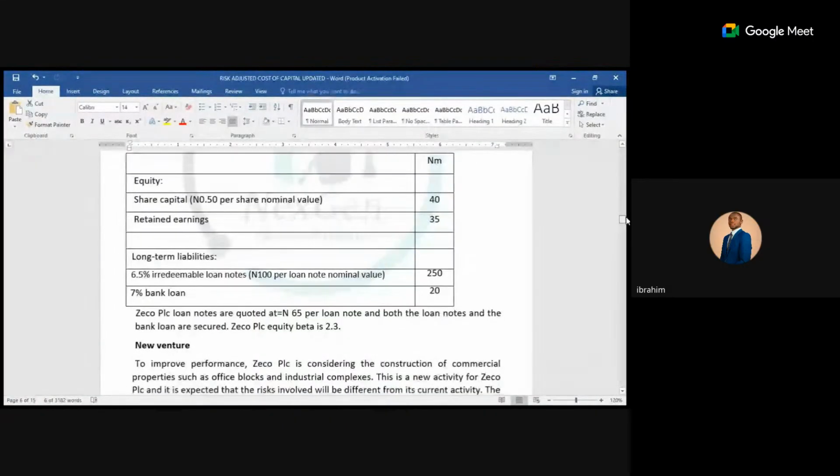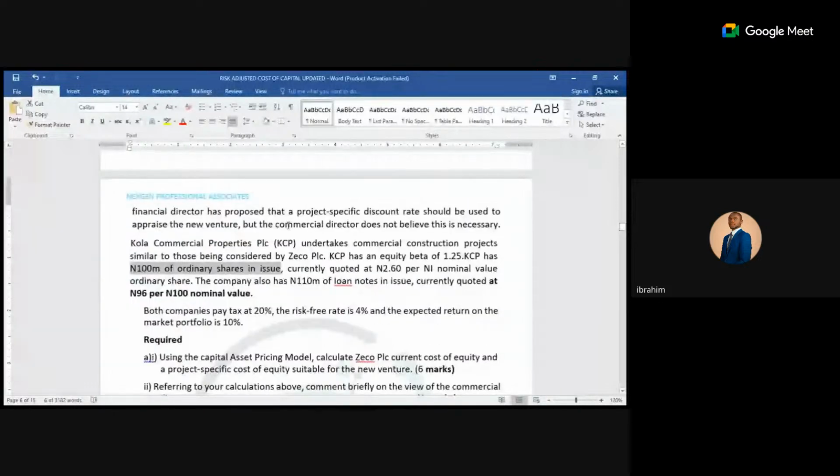This is for the proxy company, right? Currently quoted at 2.60 kobo per 1 naira nominal value ordinary share.